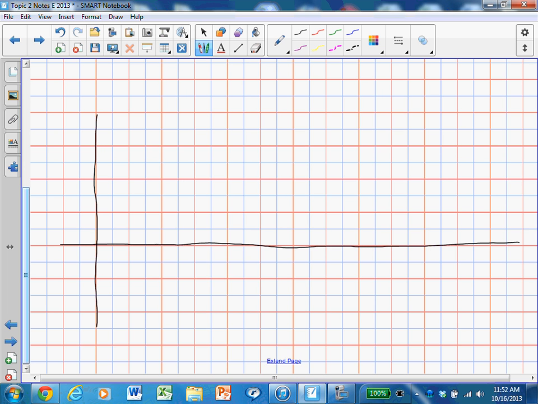We go up 3 units, but three squares, each one's 4. You see where it says 4 meters per second for each velocity graph? So this is 4, 8, 12, and this is velocity in meters per second. And then for the time, each is 1 second, and we go 1, 2, 3, 4, up to 11 seconds.